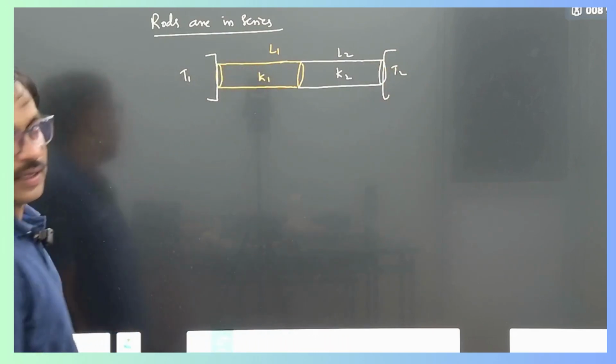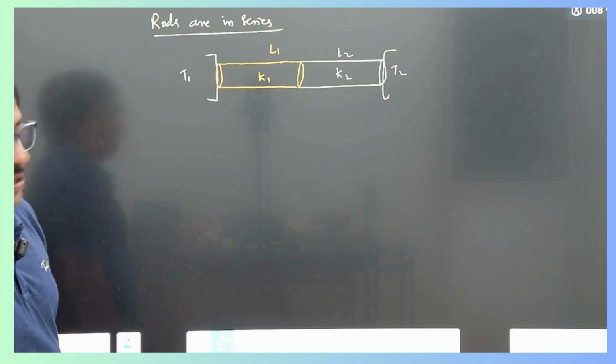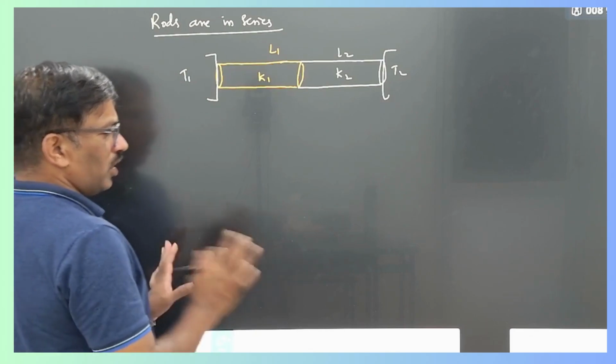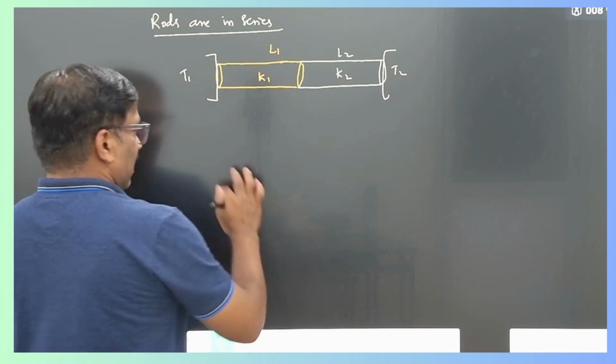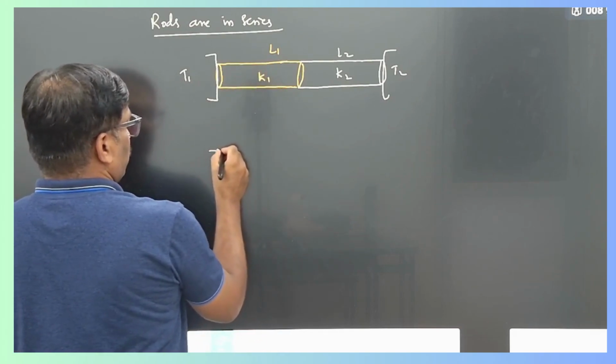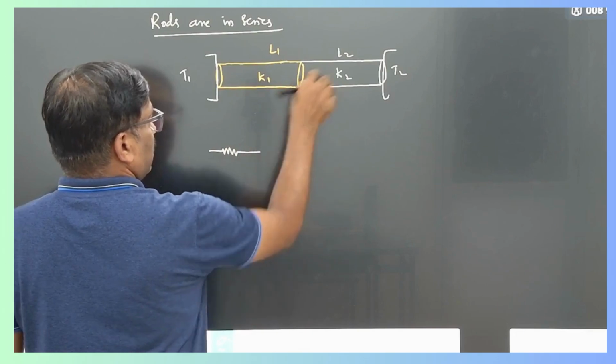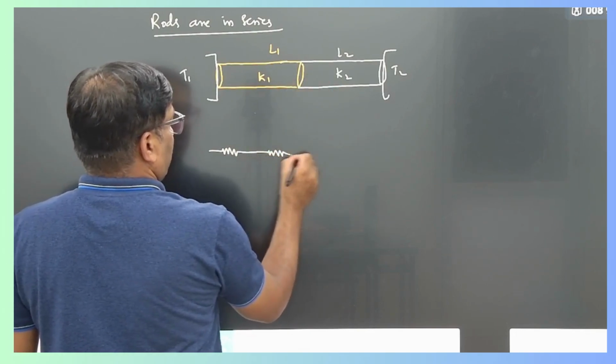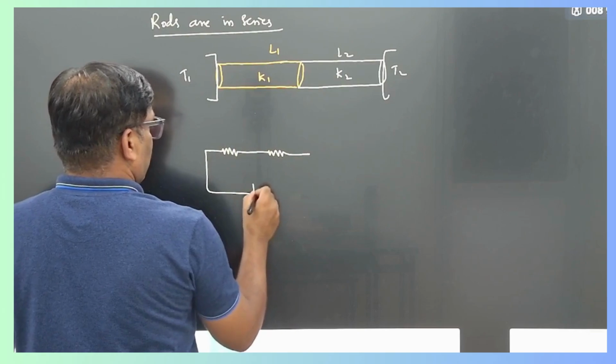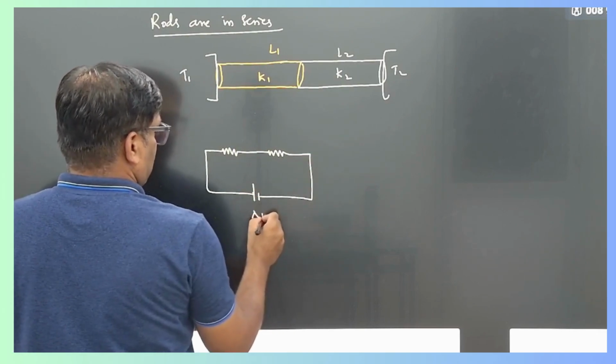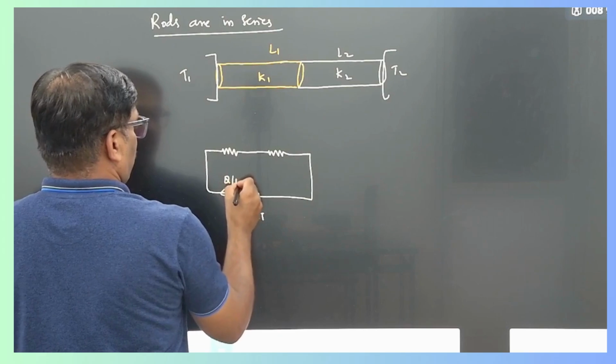So how do we rewrite this now? No need to think anything special. This rod can be assumed to be one resistance, this rod can also be assumed to be one resistance, and this is connected to a temperature difference. That's all. What is the current now? The rate of flow of heat energy.